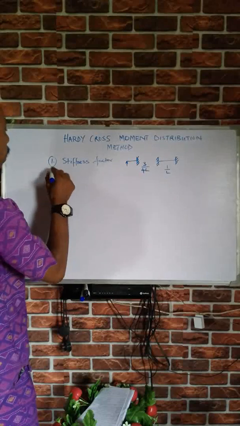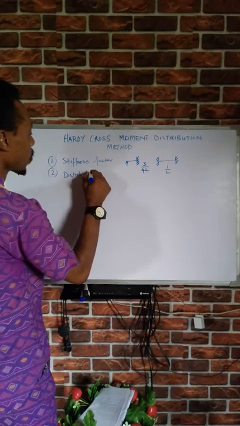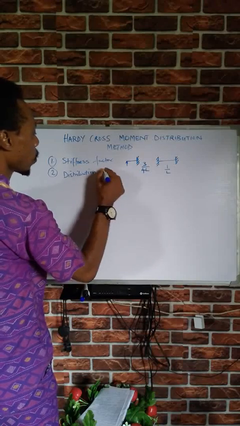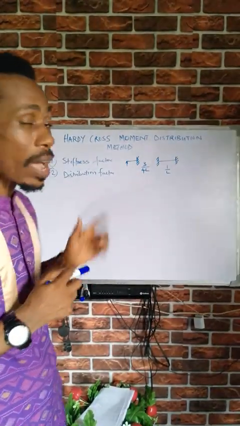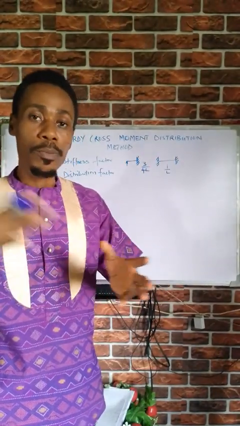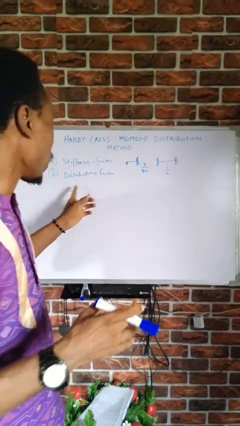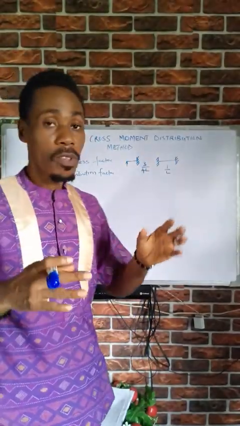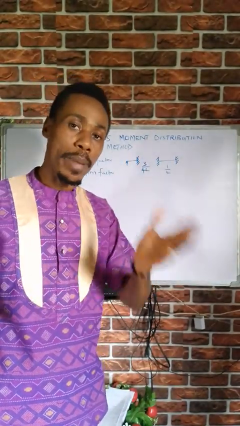The other component that we are going to look at is the distribution factor. Now, the distribution factor talks about distributing the moments at the joints, trying to distribute and balance.